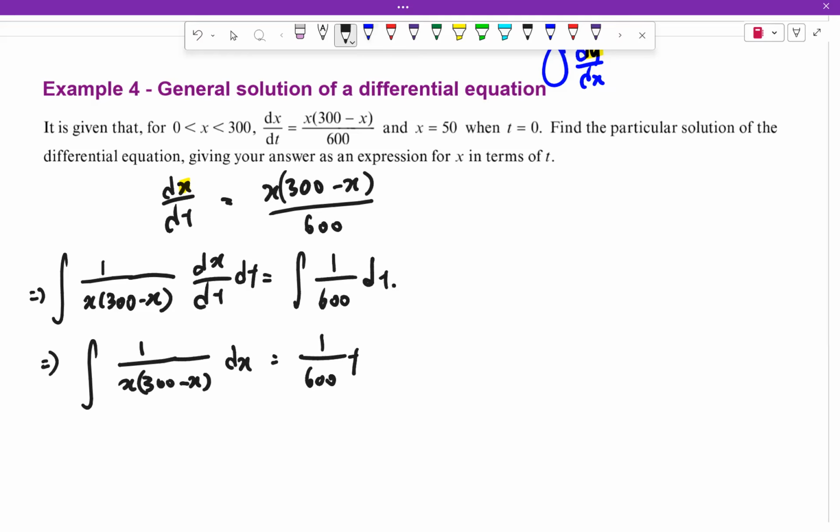Now, with this part, we need to do integration by parts, isn't it? So that means I believe that you know how to do it on your own, but this part will be the same as 1 over x plus 1 over 300 minus x. So I'm just referring to the answer. Okay, but I'm pretty sure you know how to do it.